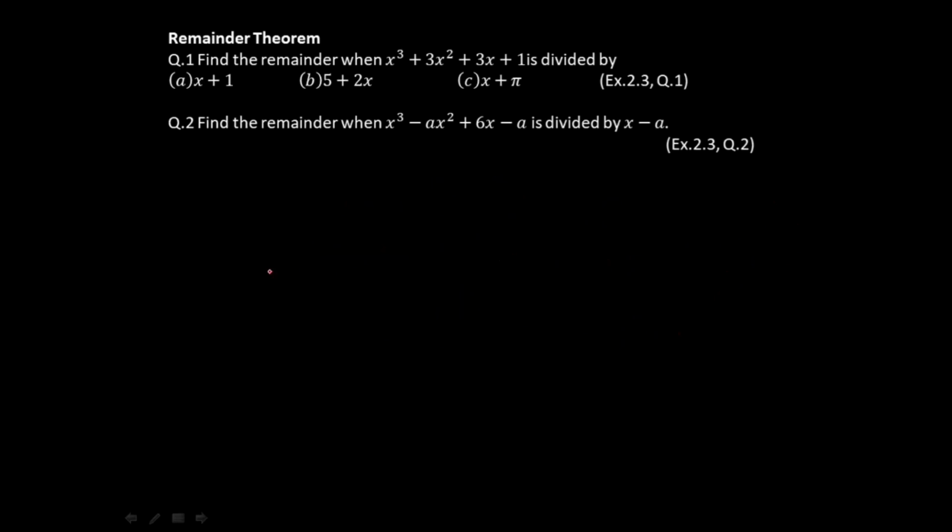Question number 2. Let's assume this x cube minus a x square plus 6x minus a. Anything you can assume. I am assuming here f of x equals x cube minus a x square plus 6x minus a. Now to get my remainder using the remainder theorem, this value will be obtained by putting the divisor equal to 0. x is nothing but a.